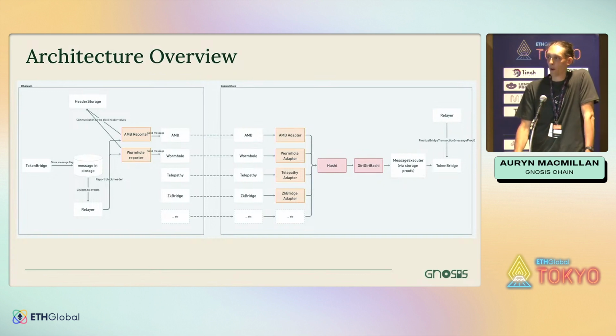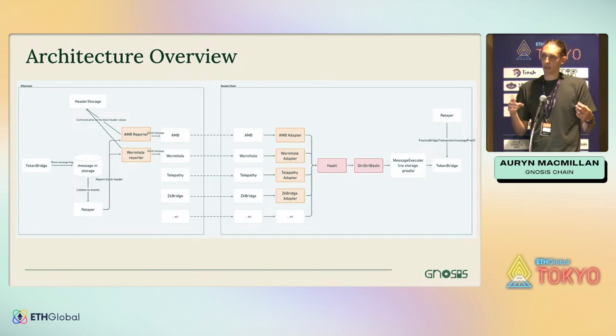And then eventually a message executor plugging into the other side of the token bridge, where a token would be minted. For end users, this is a bunch of redundancy. And so we probably see this being used more as a way to create the canonical instance of your token, and then probably leveraging networks like Connext's network, the liquidity layers on top of this bridge, for relatively lower value transfers across chain, and the Hashi setup as your way to secure the canonical mint and burn functions for your tokens on either side.